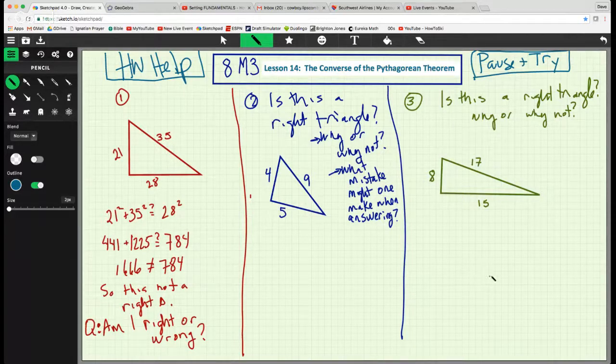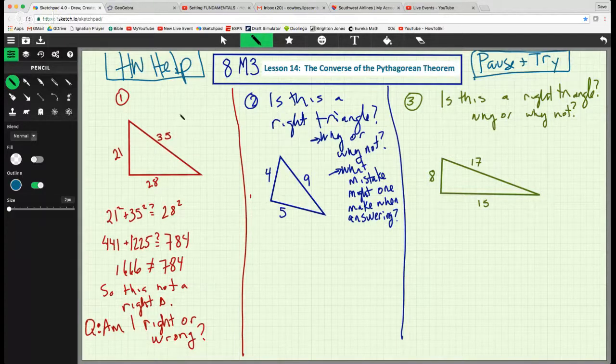Use that pause button, the one that looks like this, it's filled in. Okay. Now I assume you're back. Now let's look at number 1. What did we do wrong here? Well, which is the long side and which are the short sides?